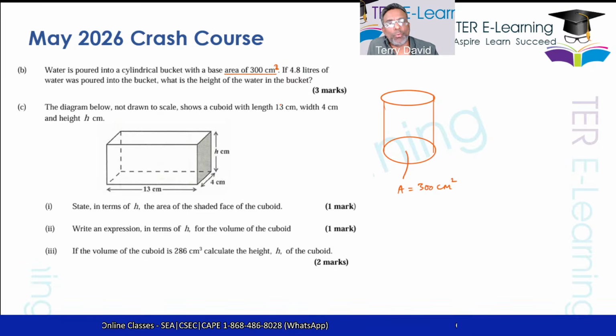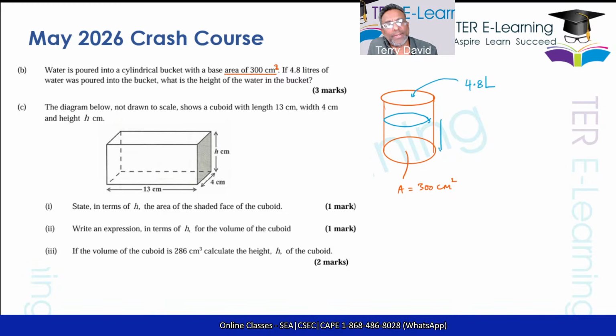Now you're pouring 4.8 liters into that container. When you pour that in, the water is going to fill up to a particular depth. This here is going to be that depth. We don't know what the depth is, so let's call it h.